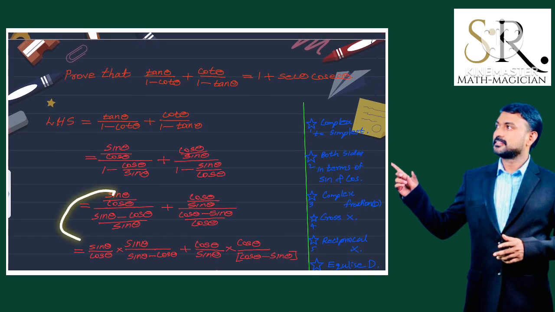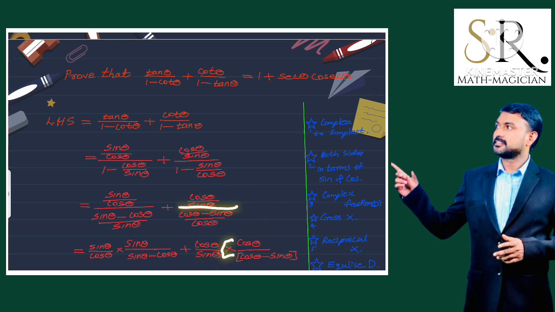Yes, the sine theta cos theta as it is written. For the second, instead of this division we use multiplication. Reciprocal multiplication means the denominator goes to the numerator and the numerator comes to the denominator. That's why sine theta minus cos theta came down, and this denominator goes to the top. What is this? This is the division of fractions. Division of fractions means a reciprocal multiplication. Can you tell me which way we did the second term? Here cos by sine as it is written.